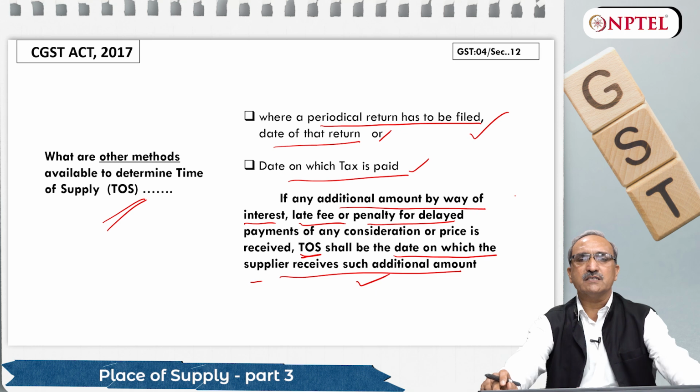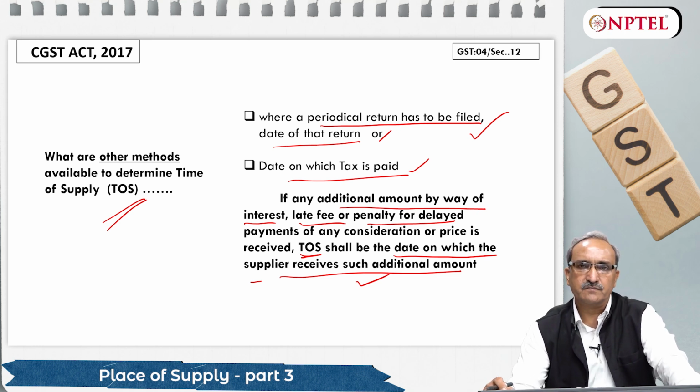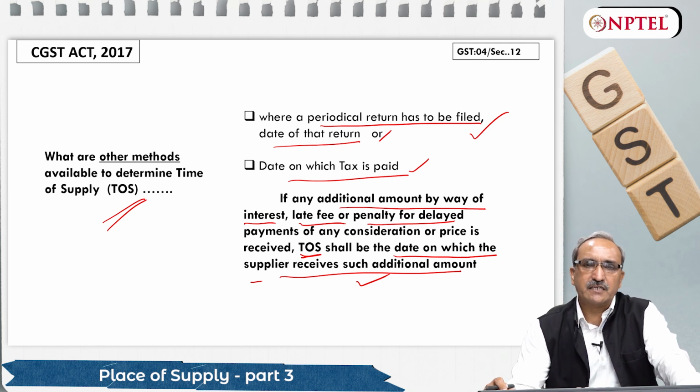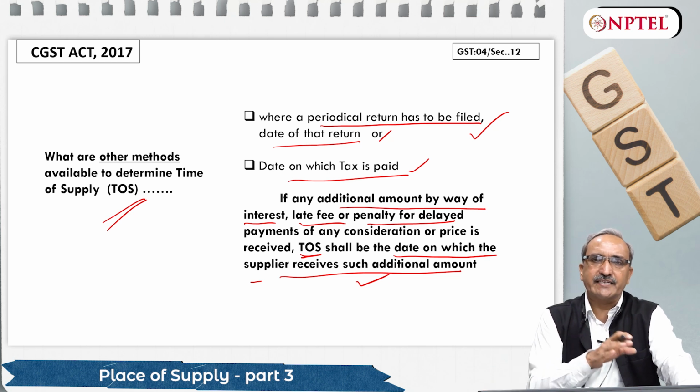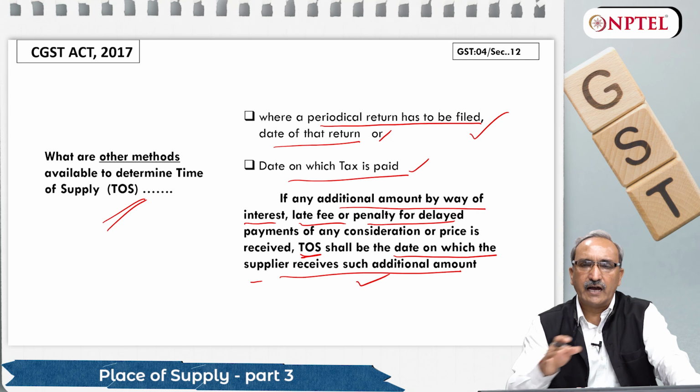So if you have supplied goods in the month of April for rupees 10,000 plus GST 18%, and as per the terms of the purchase order, the payment is supposed to be released by your buyer within 15 days from the date of invoice, but he didn't and actually paid this amount after 30 days, the point of taxation or time of supply remains the date of invoice, as we have already seen in previous slides.